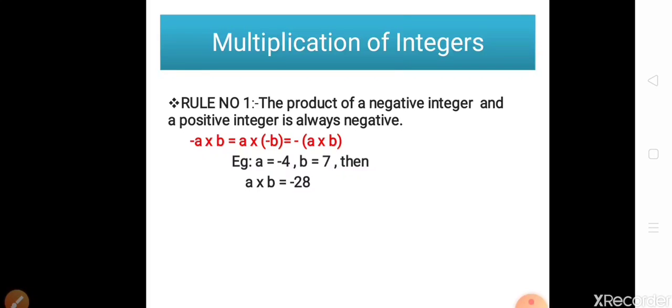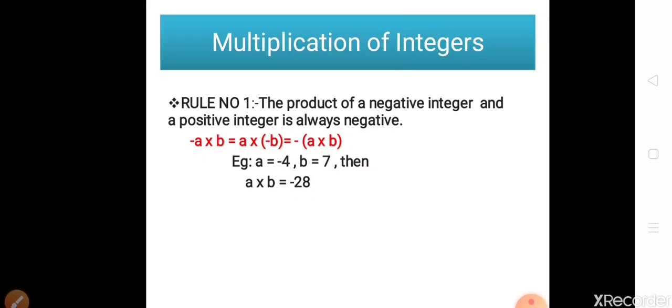If you see here properly, 7 is a greater integer compared to minus 4, but still the product is a negative integer. So I hope it is quite clear that you don't have to go after the greater number and look at its sign. You just have to abide by rule number 1.